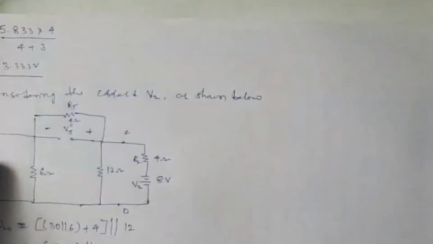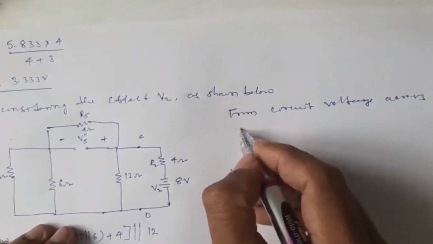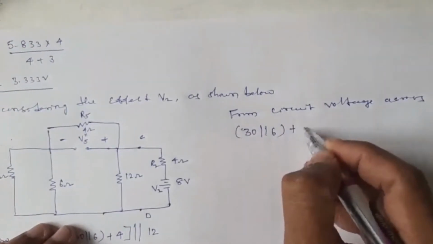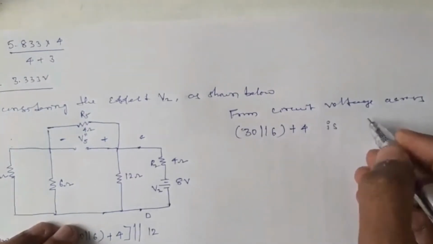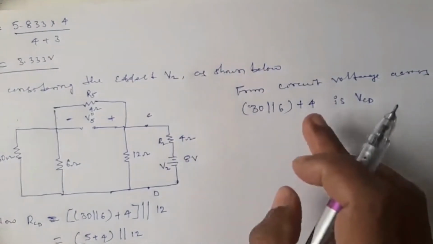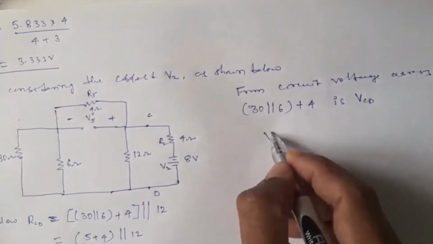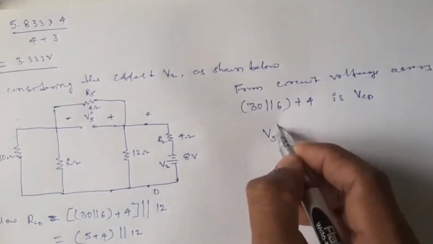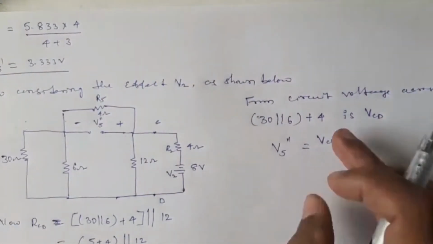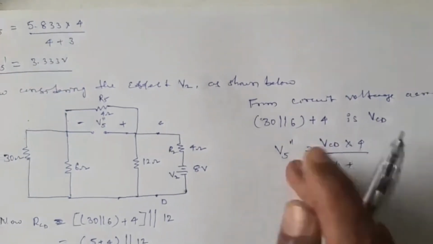So from the circuit, the voltage across the parallel combination of 30 parallel 6 plus 4 is VCD. Now I'm interested to find the voltage across this. Directly I can find: V5 double dash is equal to VCD into the resistance of the branch, 4, divided by 4 plus the combination of this.